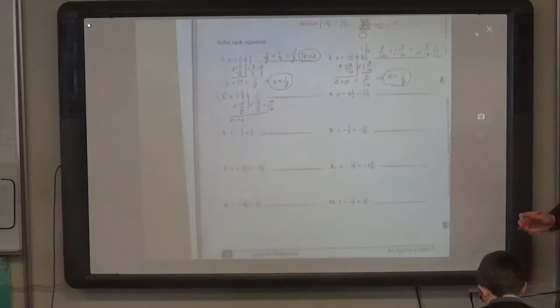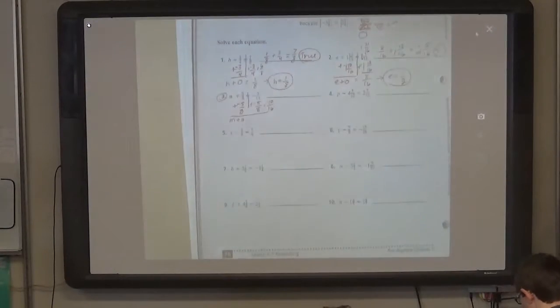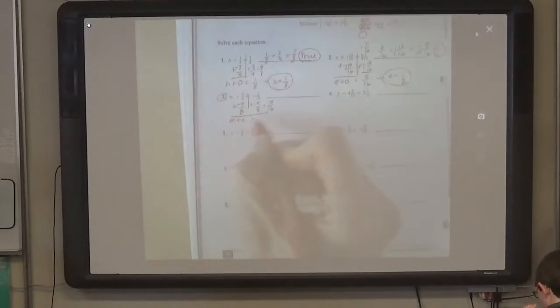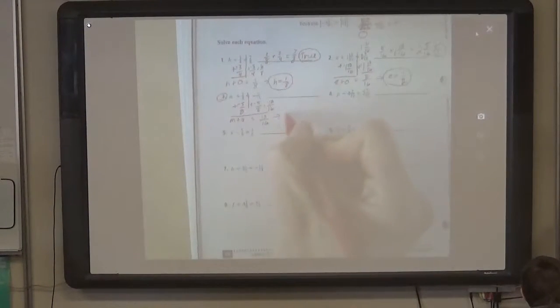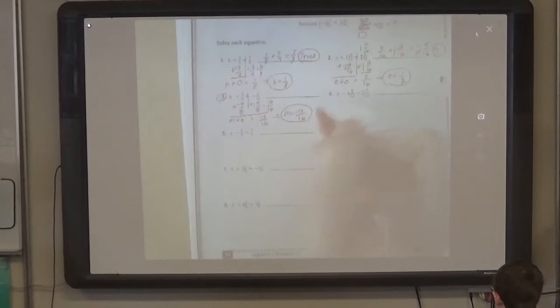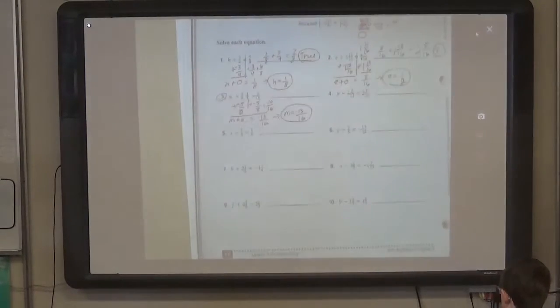Negative 3/16 plus negative 10/16 will be negative 13/16. So M equals negative 13/16. Make sure you write neatly so you can see the negative sign. Okay?